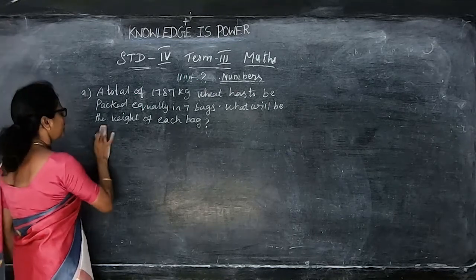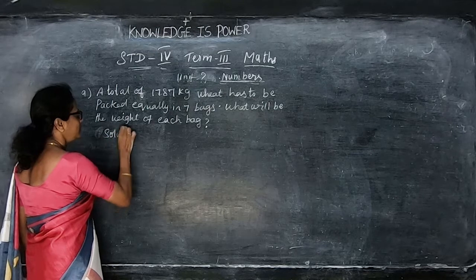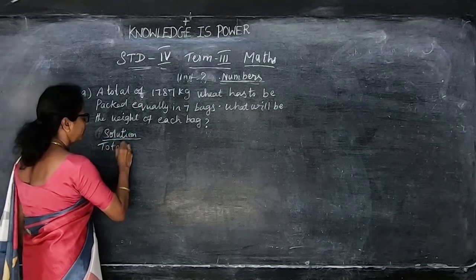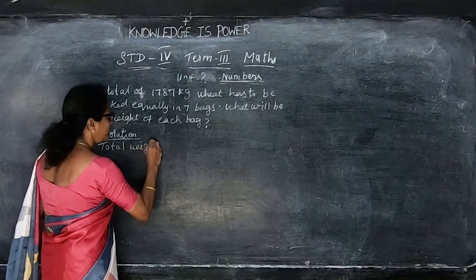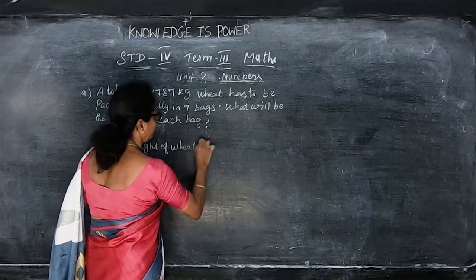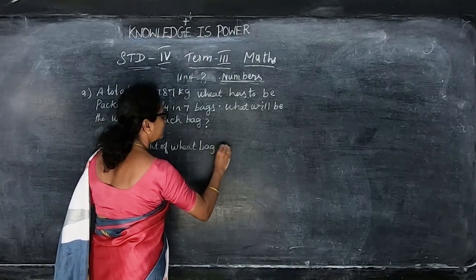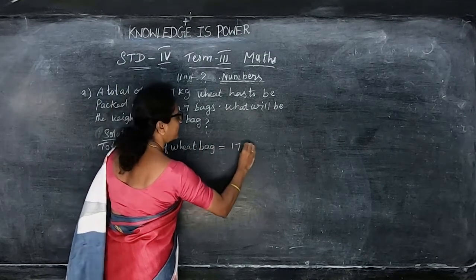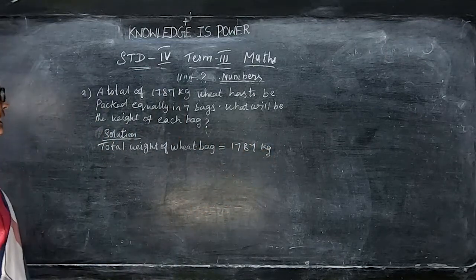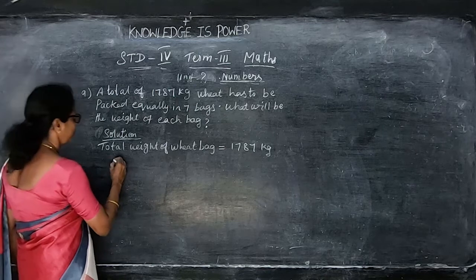Solution: how to write the statement. Total weight of a bag. First you write total weight of wheat bag. Okay, wheat they write, கோதுமை. So 1787 kg. Then packed equally in how many bags?